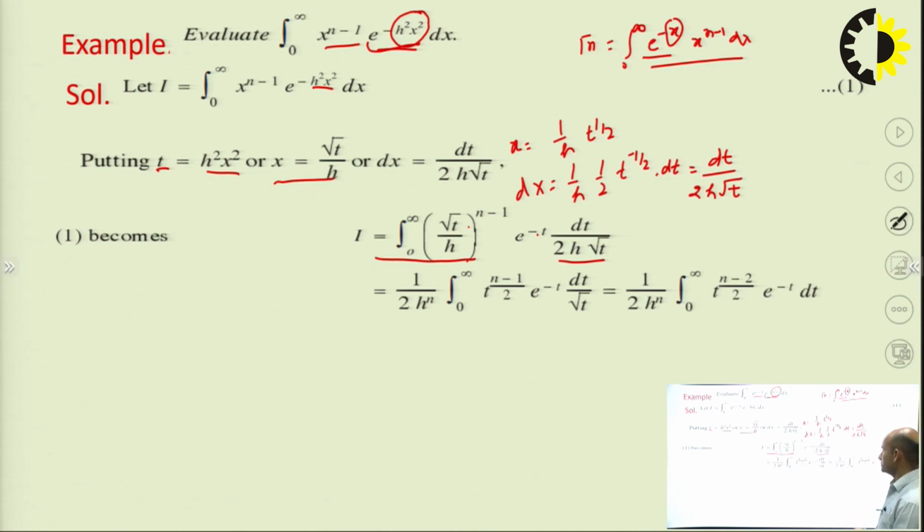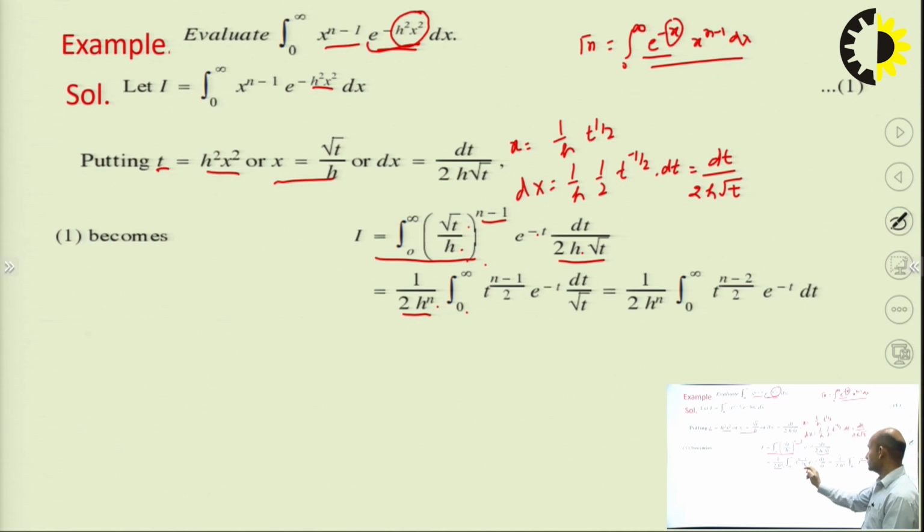On simplification, we get 1 upon h raised to n, then integration 0 to infinite, because the limits are the same here. If x is 0, then t is 0. If x is infinite, then t is also infinite. So the limits are 0 to infinite.